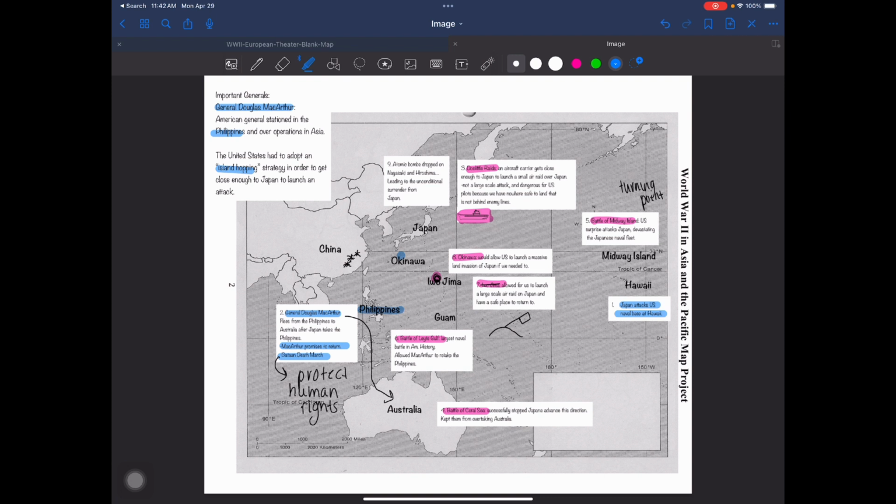It's close enough. So, the thing about it is, we are not going to have to do a land invasion, because in the midst of this, FDR has passed away, Truman has taken over, and he has received word from the Manhattan Project that our atomic bombs are ready to go.